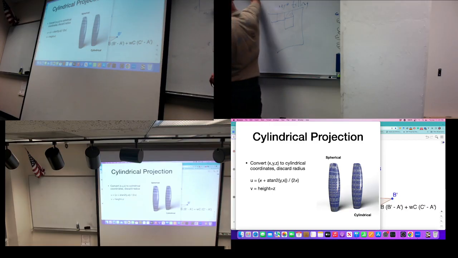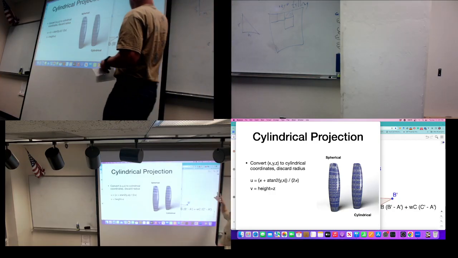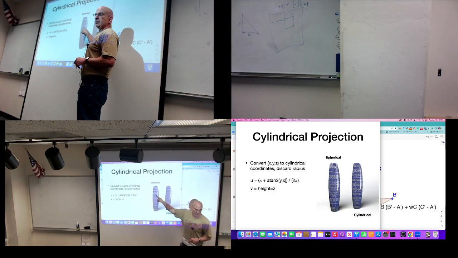U and V will be coordinates of the image. So I'll assume that the image goes from U between 0 and 1 and V between 0 and 1. And now I need to compute U and V for every point on the cylinder.